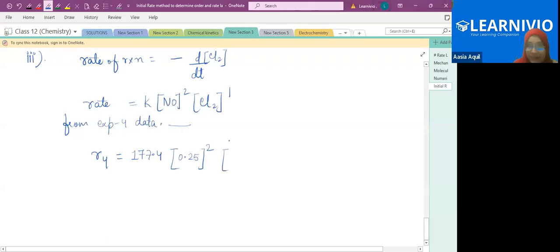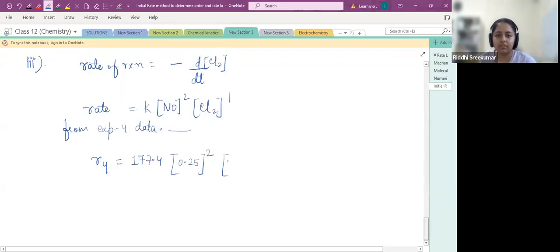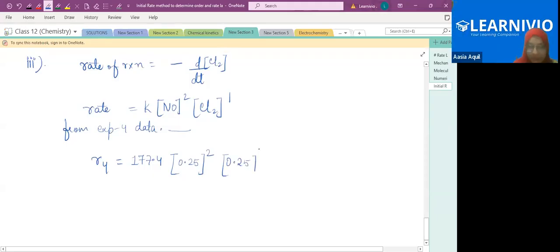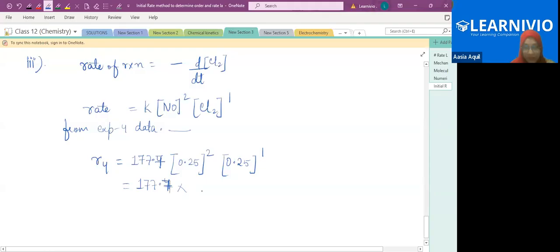And the concentration of Cl2, just check it, is again 0.25. Now just solve it and you will get the value of R4. 177.7 into, yes, it's 7, we have calculated. Now you can write 0.25 into 0.25 into 0.25. Now just multiply it. Very complex.